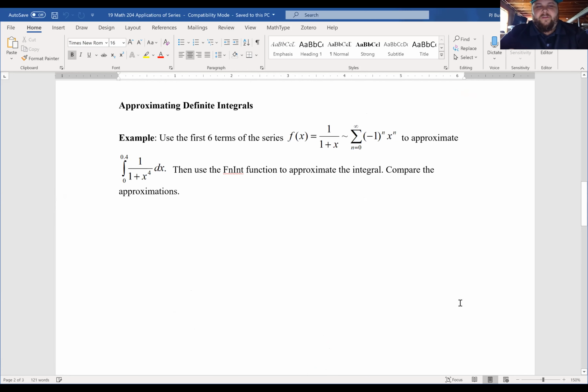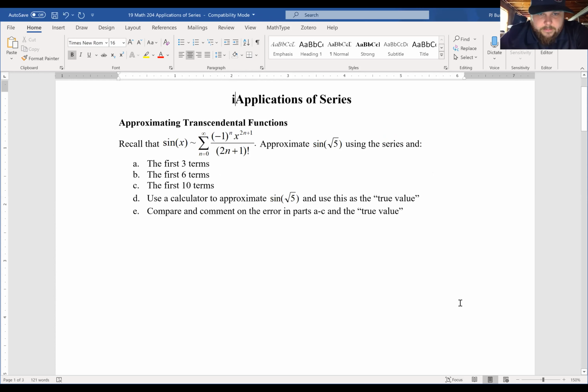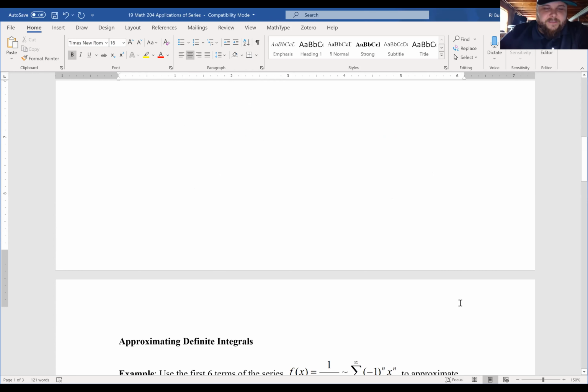We learned a bunch of integration techniques at the beginning of this course. So this could be done using what method that you recall? Partial fraction. You could do partial fraction.